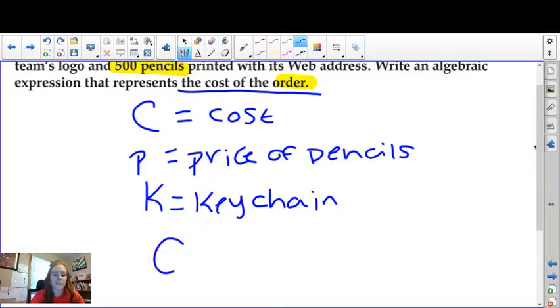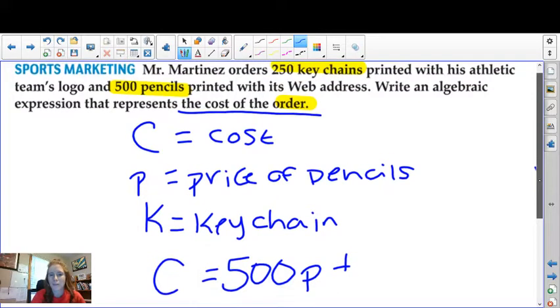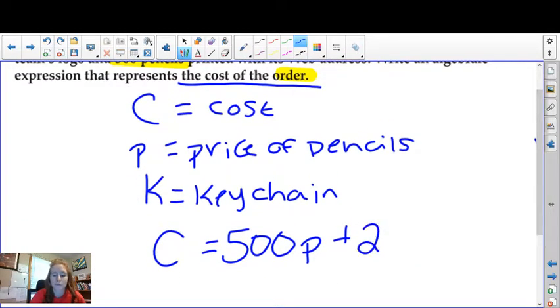So the cost is equal to 500 pencils, the cost of 500 pencils, plus, how many keychains am I buying? Oh, that's right, 250. 250 times the price of my keychains.